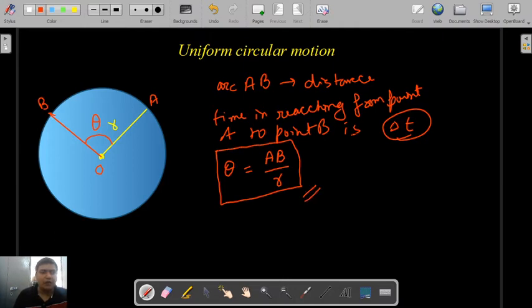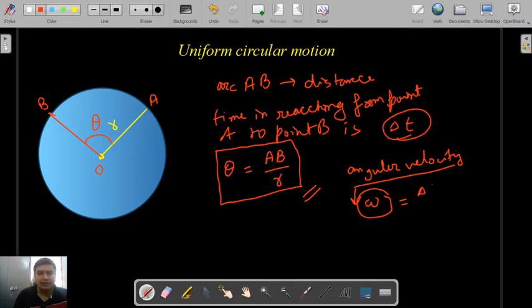So if we want to calculate the angular velocity, angular velocity is the term which is represented by the symbol omega, which is equal to change in angular displacement per unit time, that is delta theta over delta t.